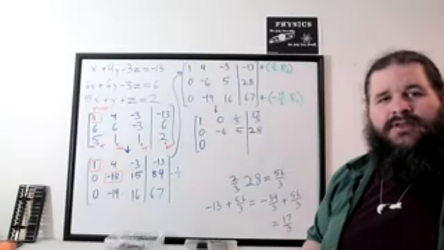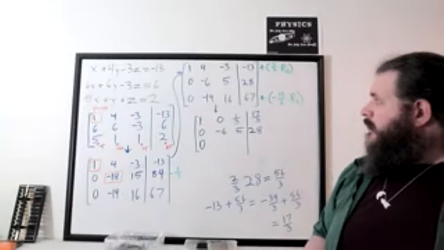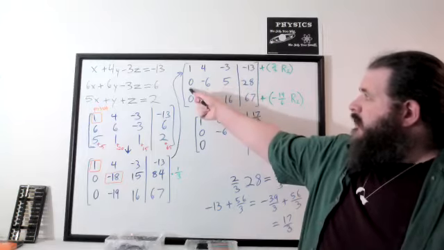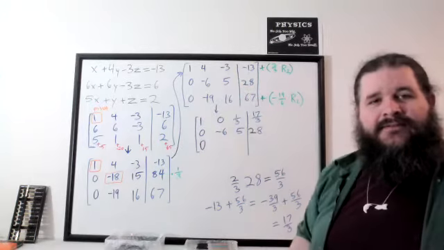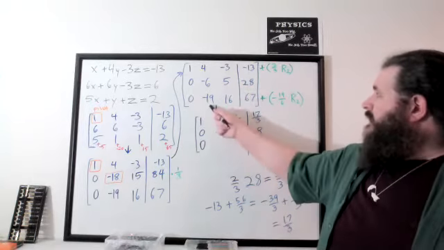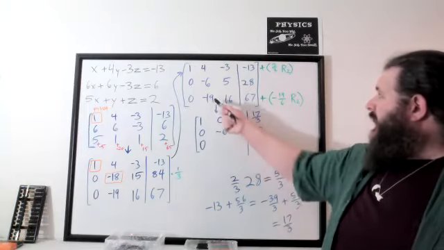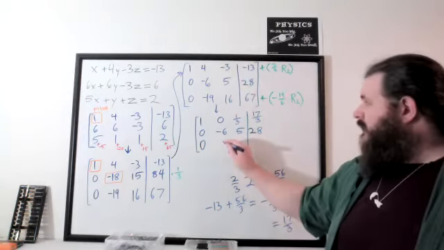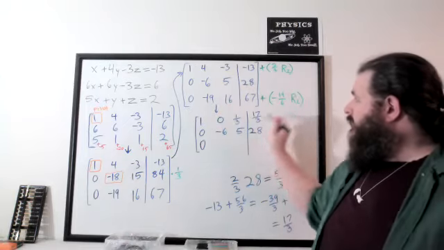You don't want to undo the work you've already accomplished. So using this row as a tool means that this 0 doesn't modify what we already have. But the -19 is going to turn into 0 because we're adding -6 times -19 over 6. Those just cancel out. So we're taking -19 plus 19.